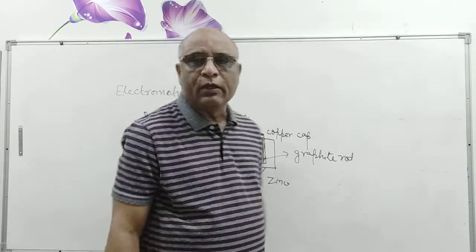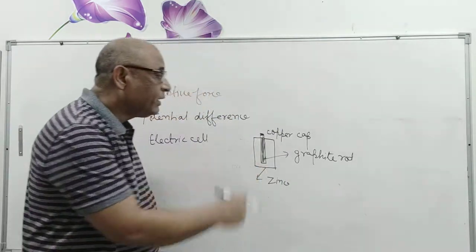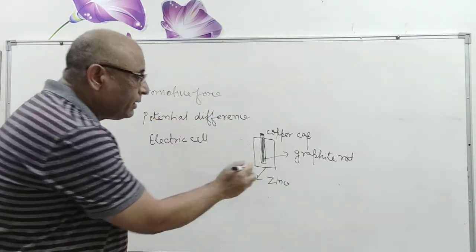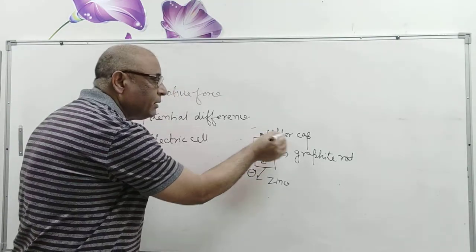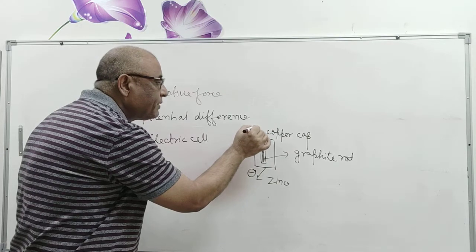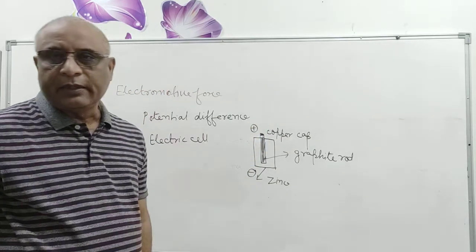At your level, it is not essential to discuss the details of the dry cell, but this zinc behaves as the negative terminal, and this copper cap behaves as the positive terminal.